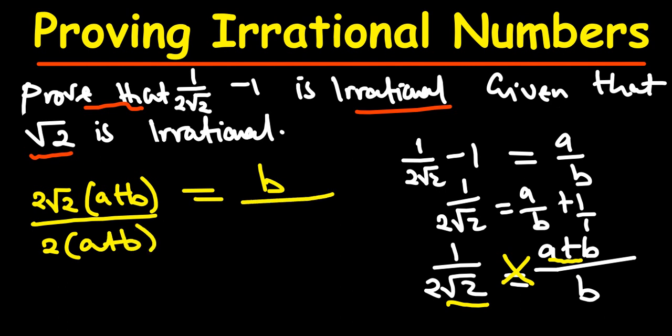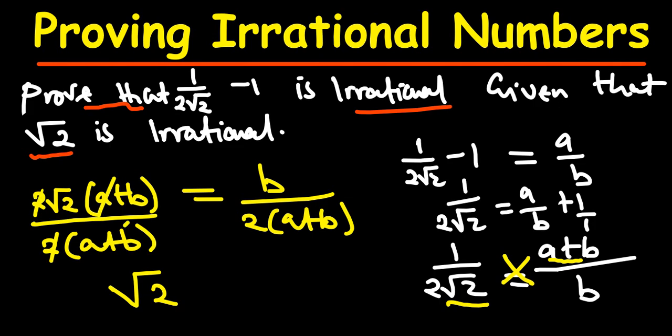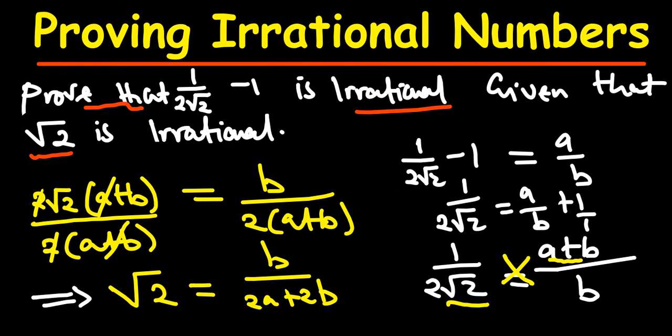So what we get now is root of 2 on its own on the left, because this and that will cancel, is equal to b over 2a plus 2b. So what I've written here is what we want. As long as you have something like this, where you have the root of 2 on its own, then we can get our contradiction.